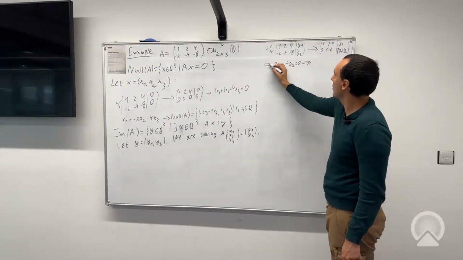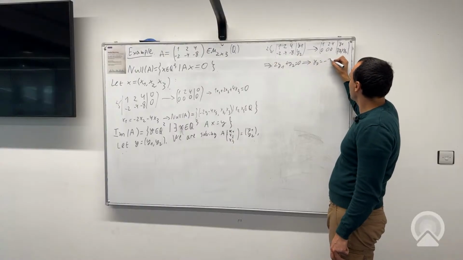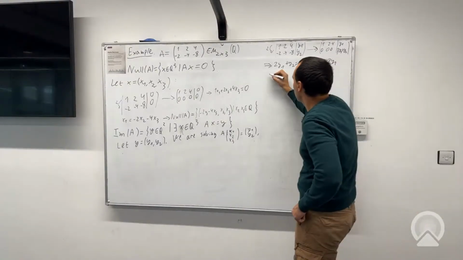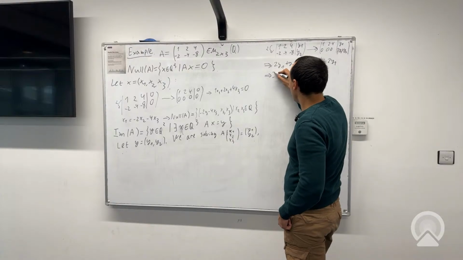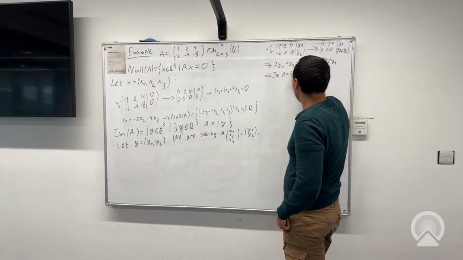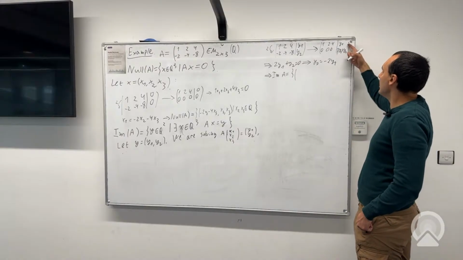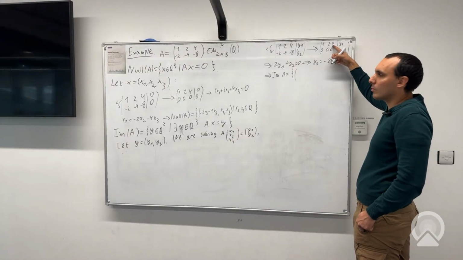Therefore y2 equals minus 2y1. And so the image of A is the set of vectors, and this always has a solution. I can just pick this and this to be 0 and this to be 1.